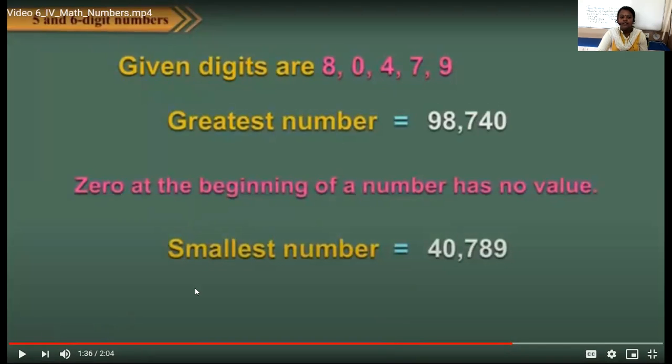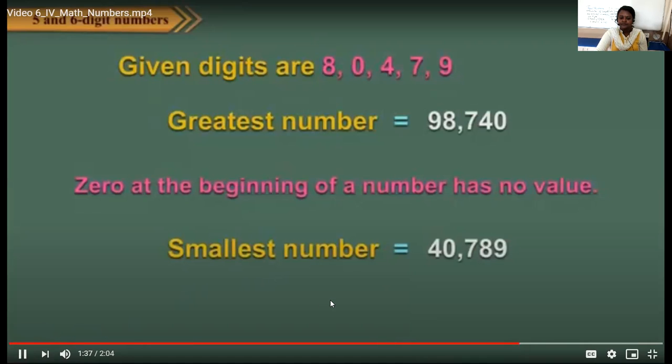Children, here they have clearly mentioned that if we place 0 in the first position when arranging in the ascending order, you will see it doesn't have any value. So the number becomes a 4-digit number instead of being a 5-digit number. So keeping in mind the number of digits, accordingly you have to form the numbers.